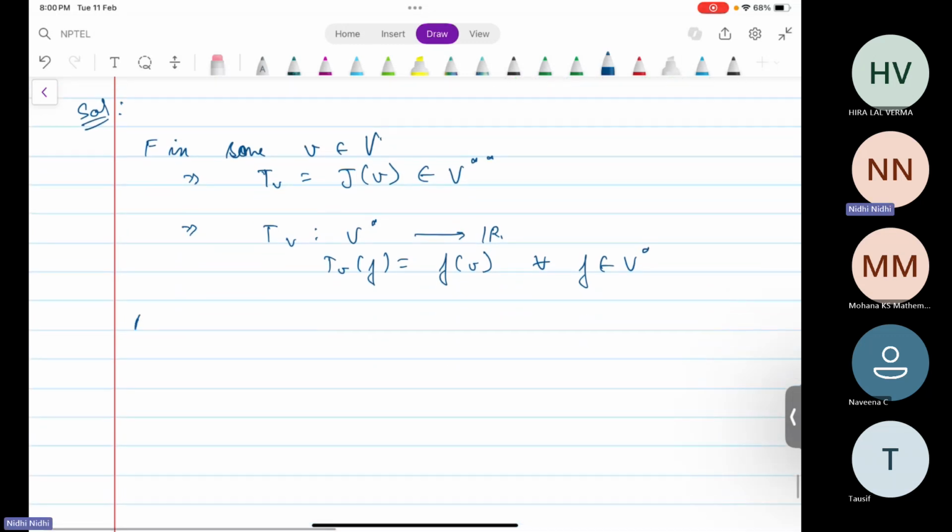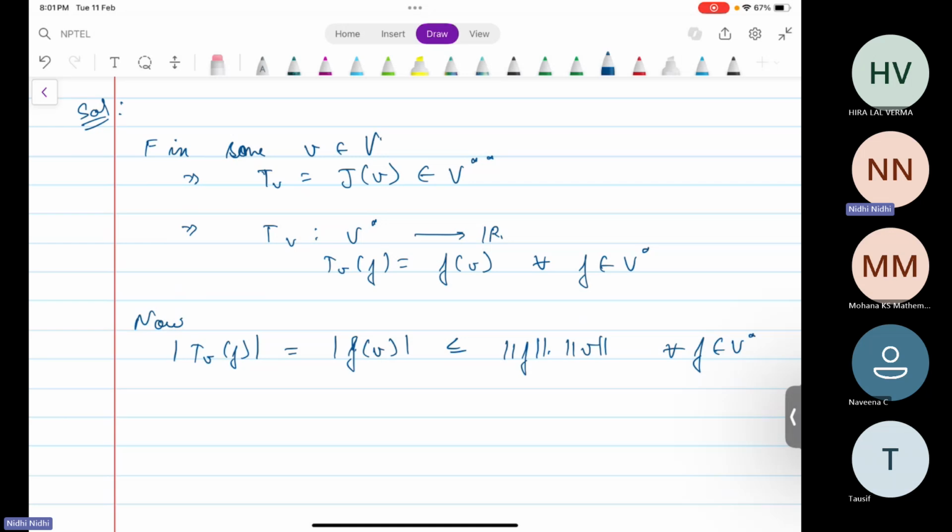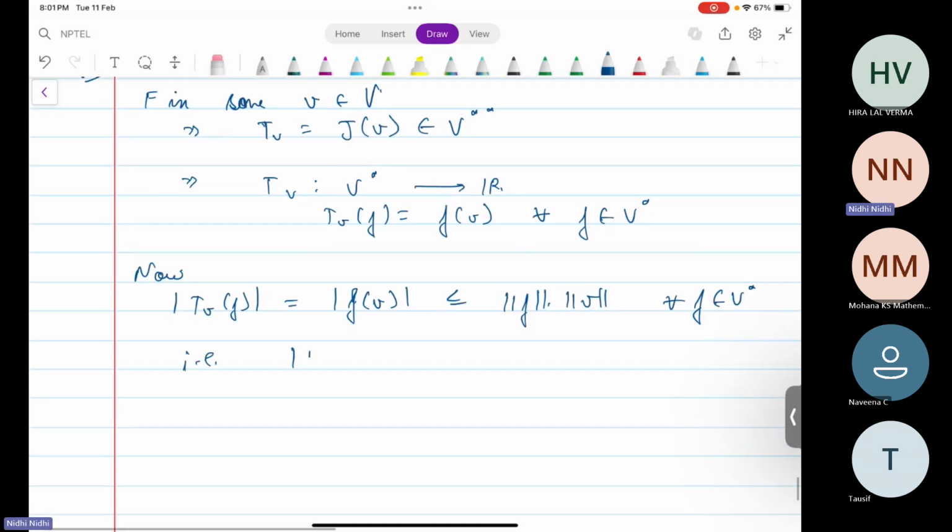Now the modulus of TV of F is equal to the modulus of F at V, which is less than or equal to norm F times norm V, because F is a linear functional, for every F in V star. That is, norm TV of F is less than or equal to norm V times norm F for every F in V star. This implies, by the definition of operator norm, that norm TV is less than or equal to norm V.